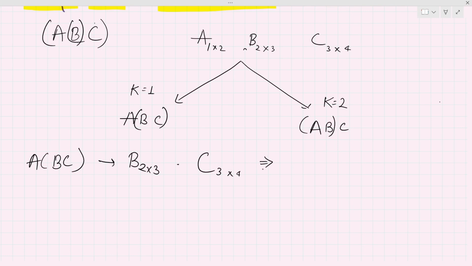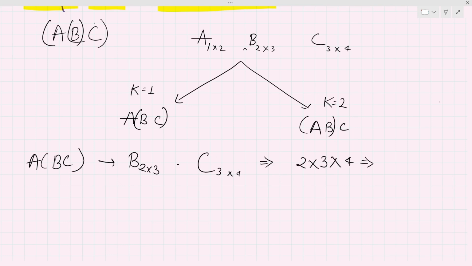Now how do we solve this? B is 2 by 3 and C is 3 by 4, and we have to multiply these. Whatever is common in both matrices, we write only once. Here 3 is common in both of them, so we write 3 only once, and the rest of the elements we write as they are. So here it is 2 multiplied by 3 multiplied by 4.